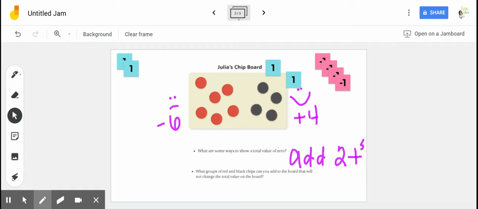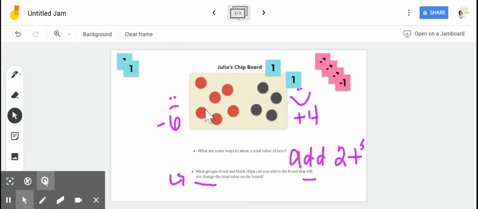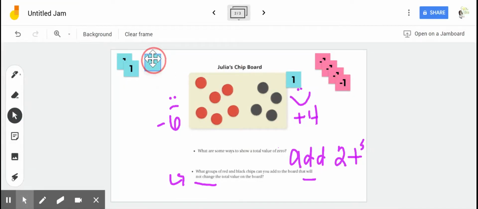Now it says, what groups of red and black chips can you add to the board that will not change the value? So if we go back to the original, so I'll put these over here.